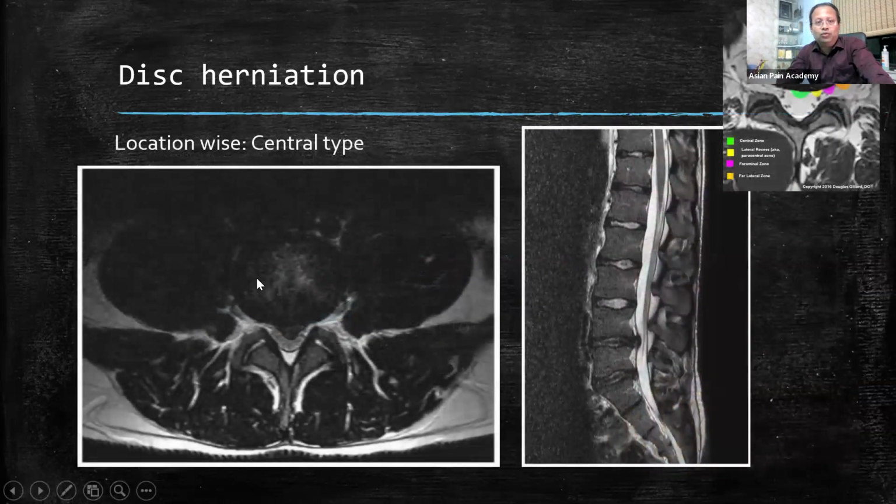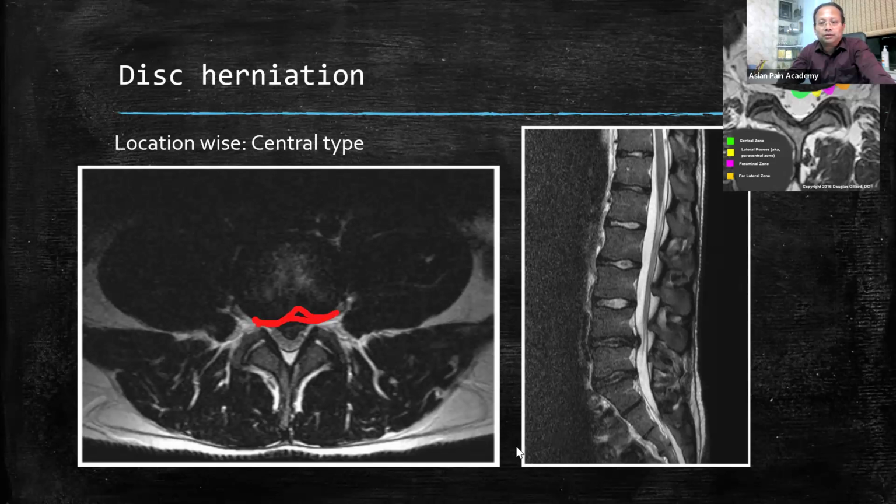But when you are seeing a cross section, you must know that it can be disc prolapse. So you can see that this is the disc. It should have been like that. If this notch is not that much, then also it should not have protruded.